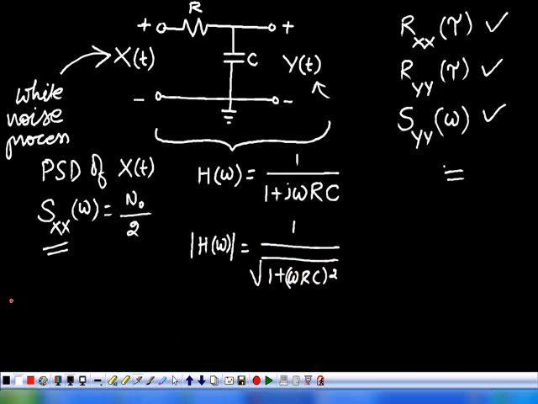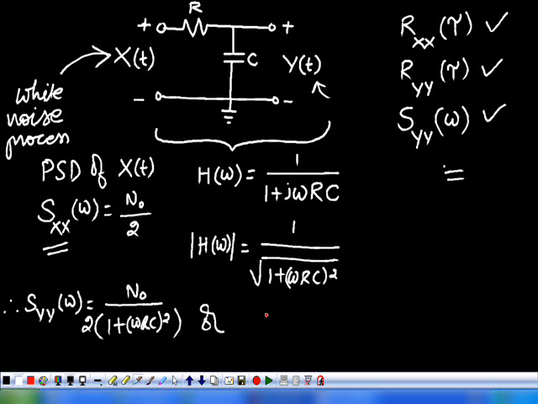So therefore, SYY of omega is equivalent to mod H of omega whole square, 1 divided by 1 plus omega RC whole square, multiplied with N0 by 2. So this is complete.